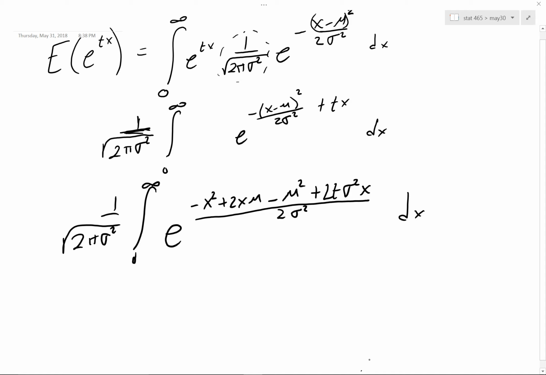You're not wrong. So what if we said, hey, let's let u equal what? Well, it'd be really cool if I could just make this e to the negative 1/2 u squared. That'd be really cool if I could pull that off. Well, what would that mean then? That means my u would be x minus mu over sigma. Does that make sense to you?